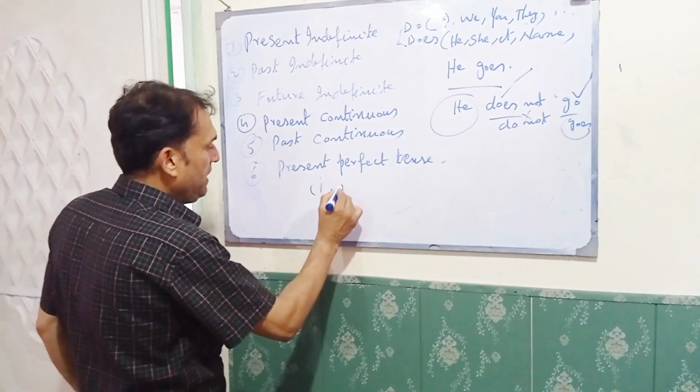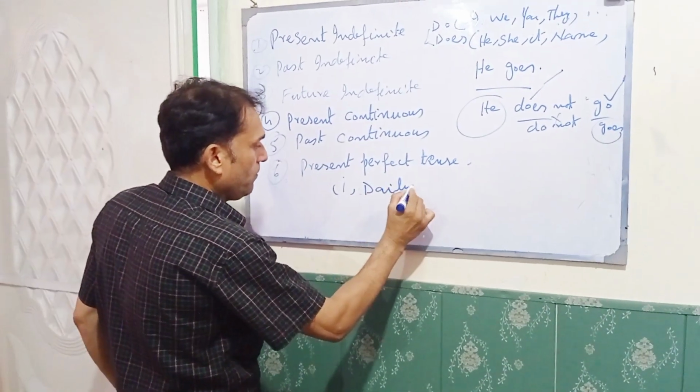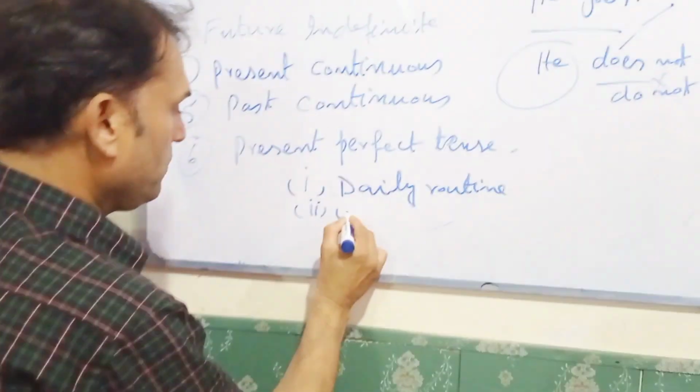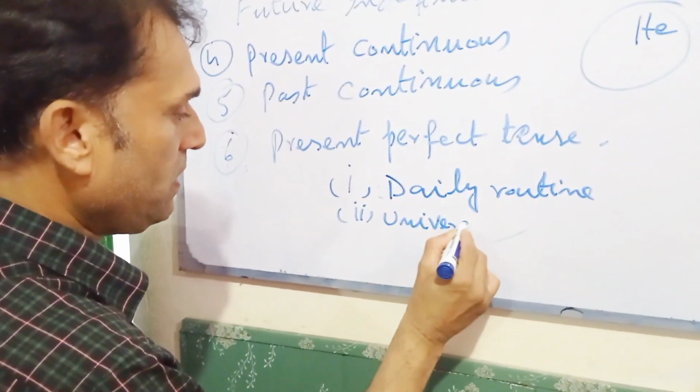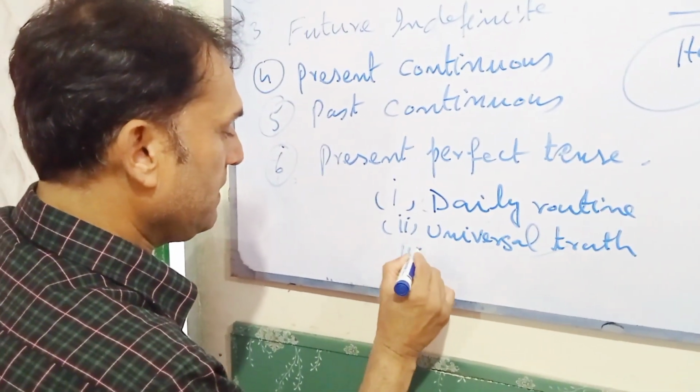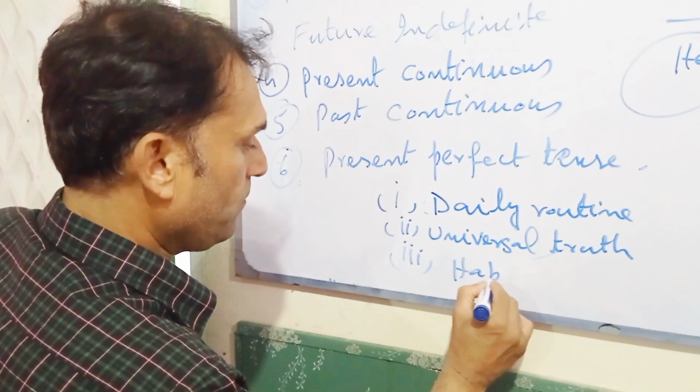Write down: daily routine, universal truth and habits. The third one is habits.